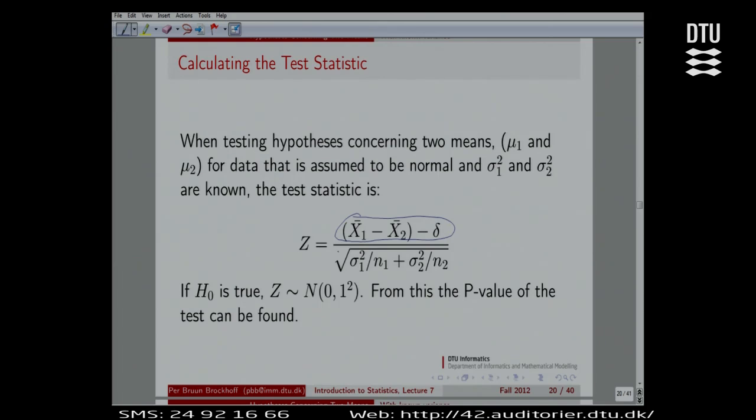Then it divides by something. What does it divide by? Well, I would say that it divides by the standard deviation of the sampling distribution of the relevant test statistic.